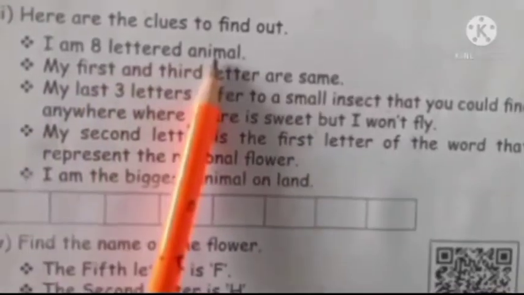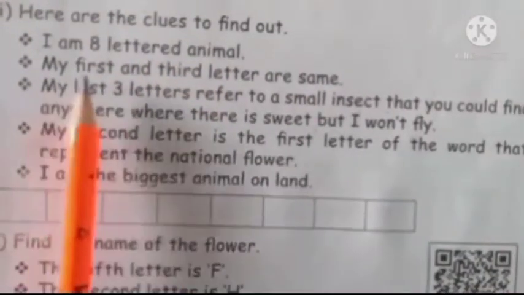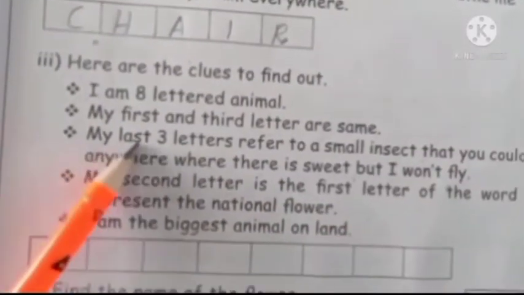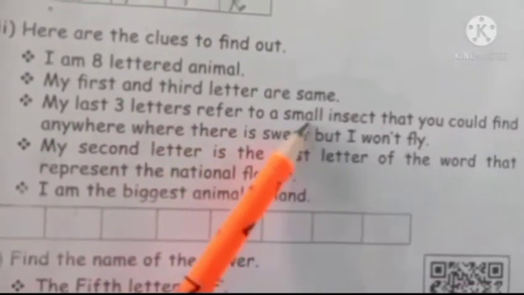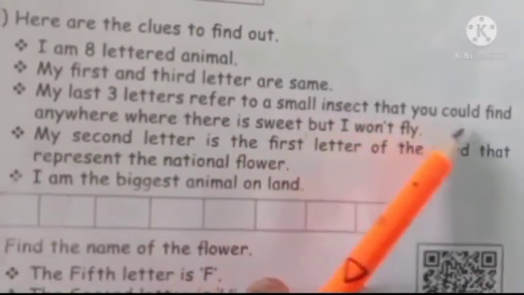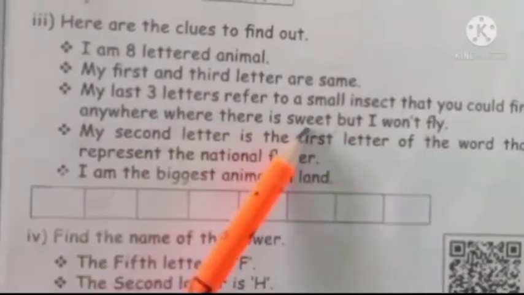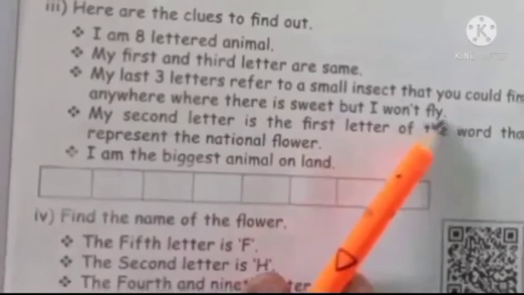Third one, here are the clues to find out. I am 8-lettered animal. My first and third letter are same. My last 3 letters refer to a small insect that you could find anywhere where there is sweet, but I won't fly.